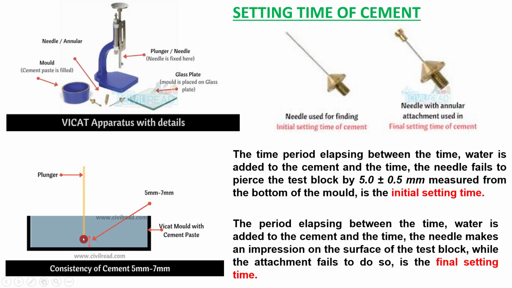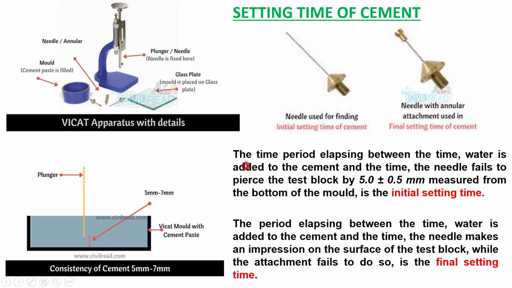That means the plunger won't penetrate fully into the mold. As the setting started, this portion may have settled, and the plunger won't go below this point. So the time required for the needle not to go to the last 5 to 7 mm depth is taken as the initial setting time.